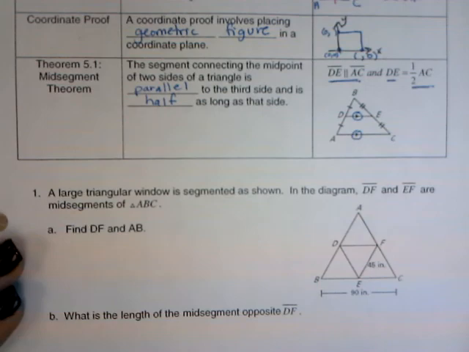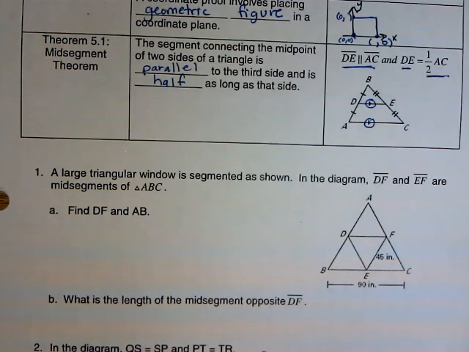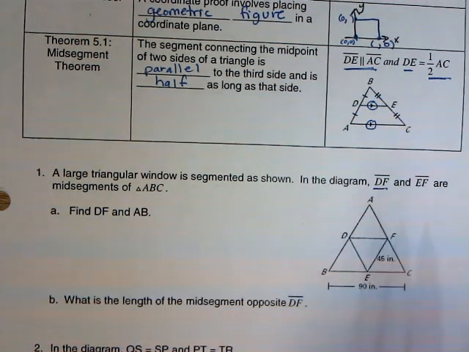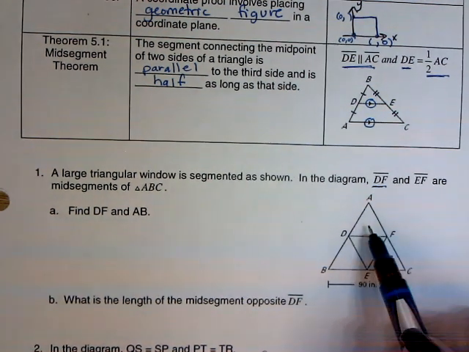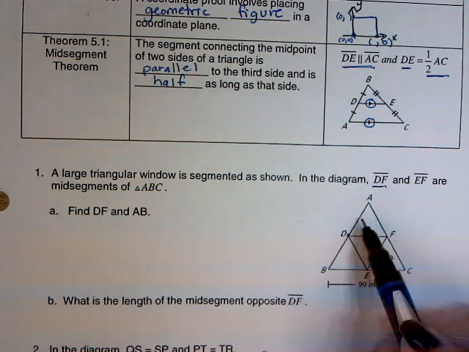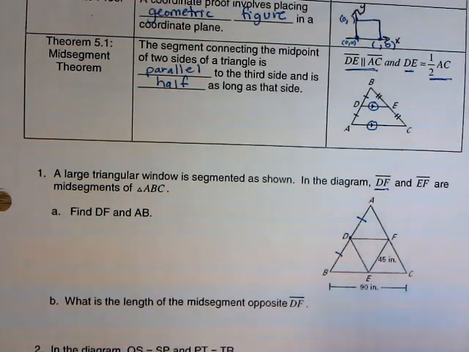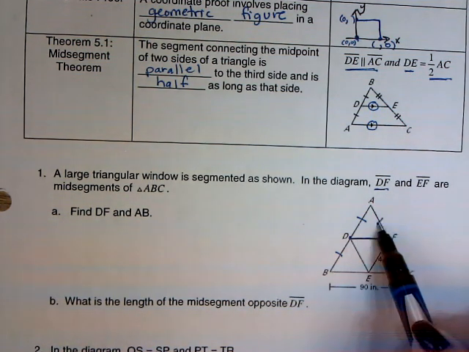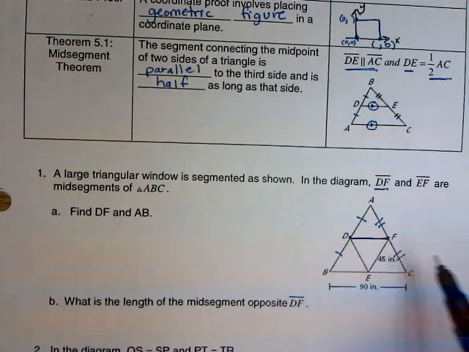So now let's talk examples. Number 1 tells me a large triangular window is segmented as shown. In the diagram, DF and EF are midsegments of triangle ABC. So if DF is a midsegment, then it cuts AD to be congruent to DB, and it cuts AF to be congruent to FC.